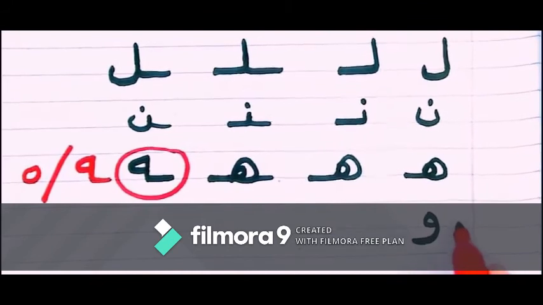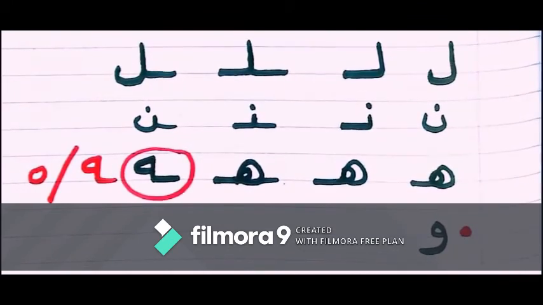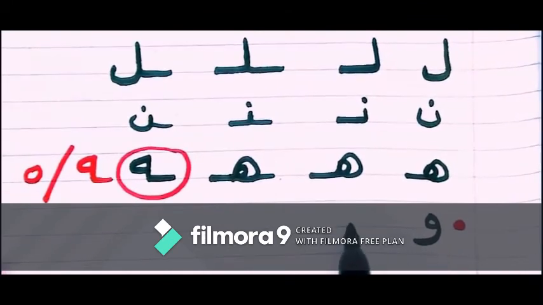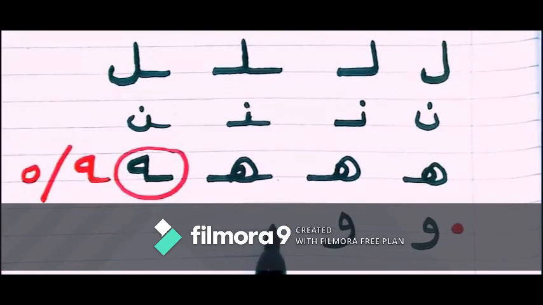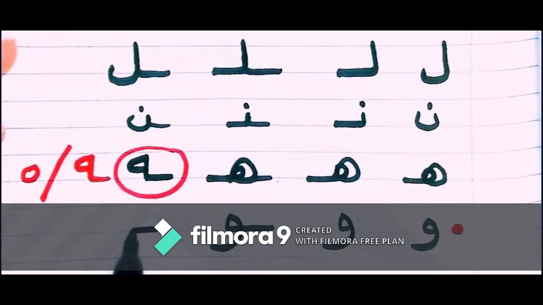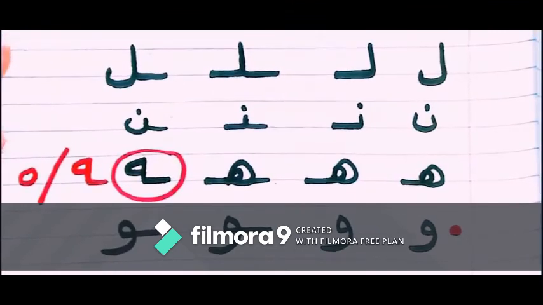And then we have waw. Waw, just like alif, gets connected to anything before it. So when you start, you don't connect it to anything. In the middle, it gets connected to anything before it. Same thing in the final form.